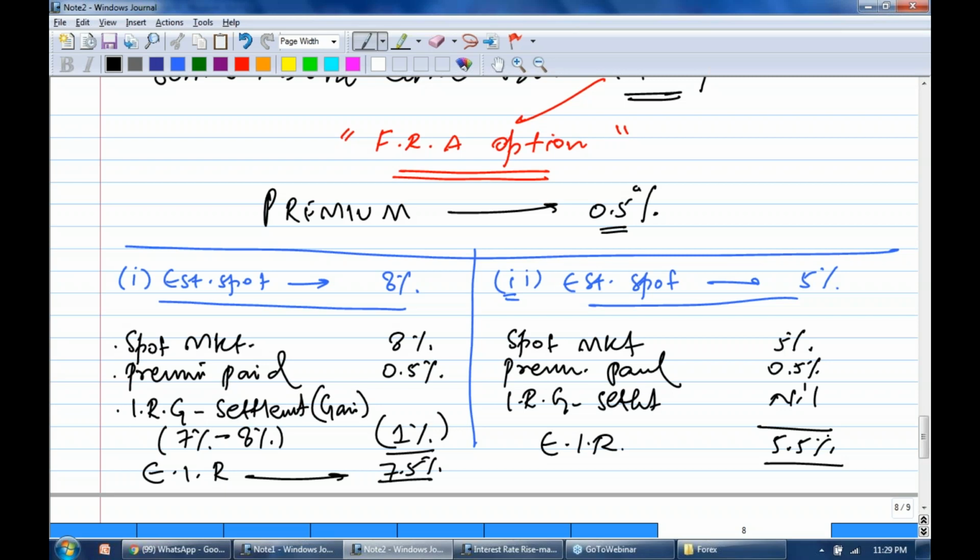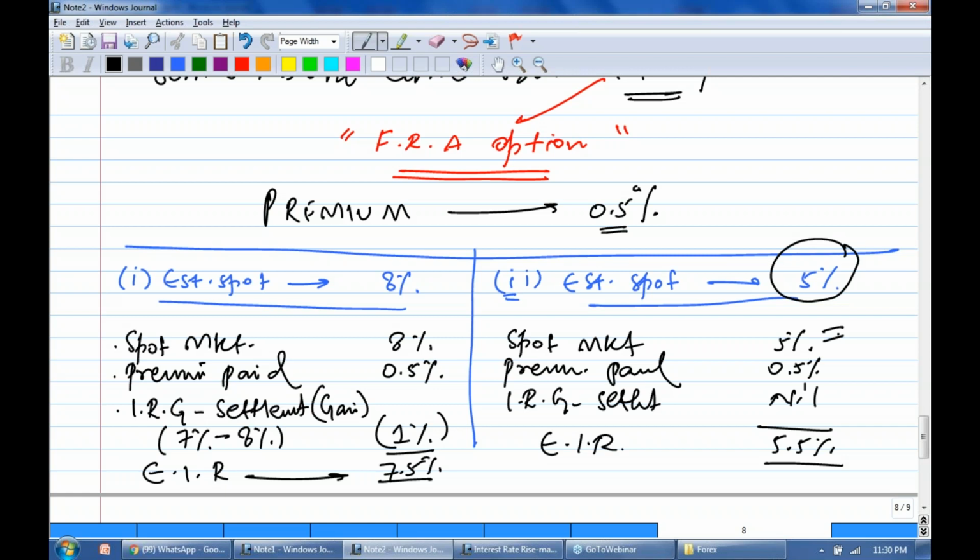Tell me one thing, is that clear, all of you? Can you please reply to me, is that clear? It's estimated spot, Amna. It's 5%.